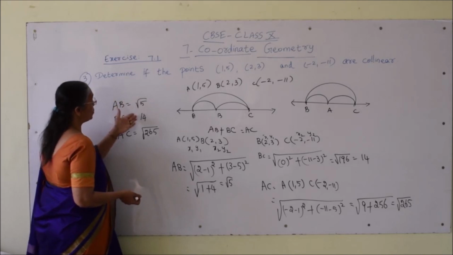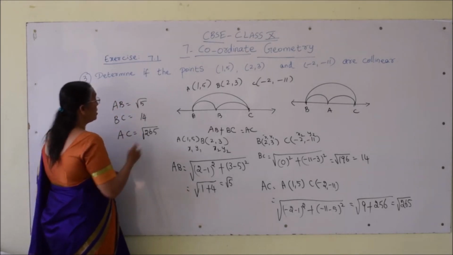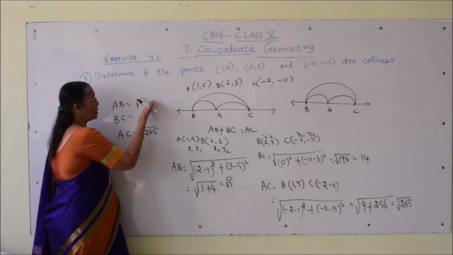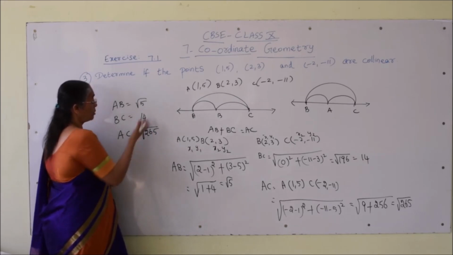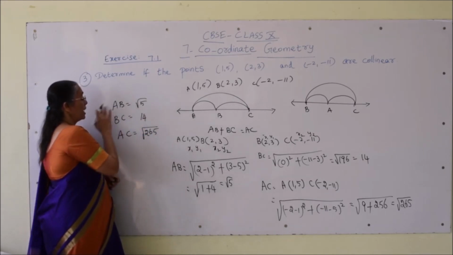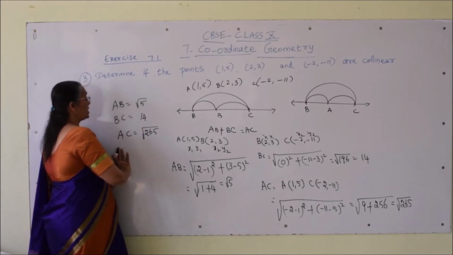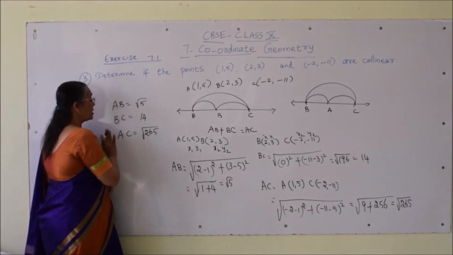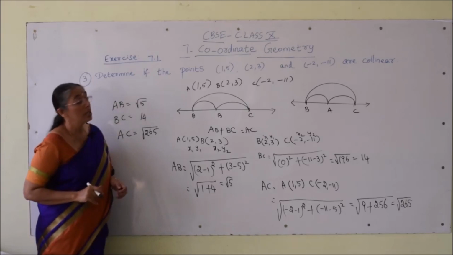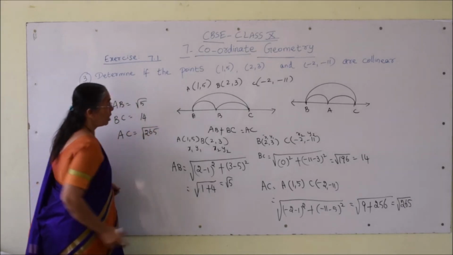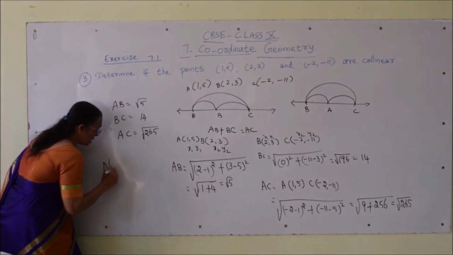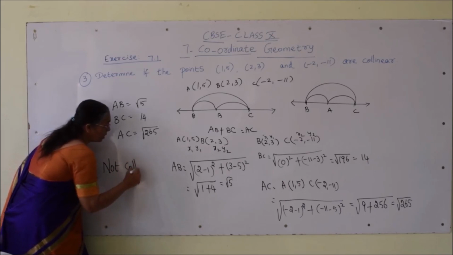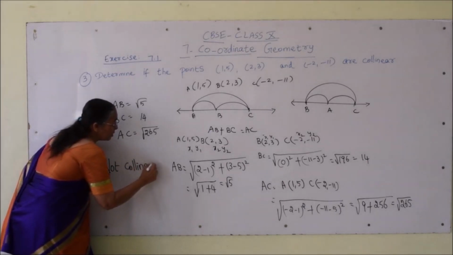Root 5 plus 14 will not give root 265, and root 265 plus root 5 will not give 14. In any way, AB plus BC will not be equal to AC, or BC plus AC is not equal to AB, or AB plus AC is not equal to BC. Therefore, the given points are not collinear. They are not lying on a straight line.